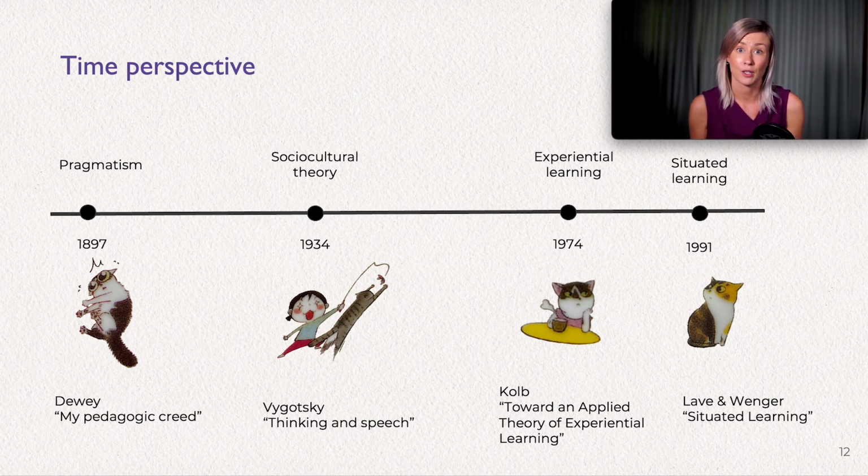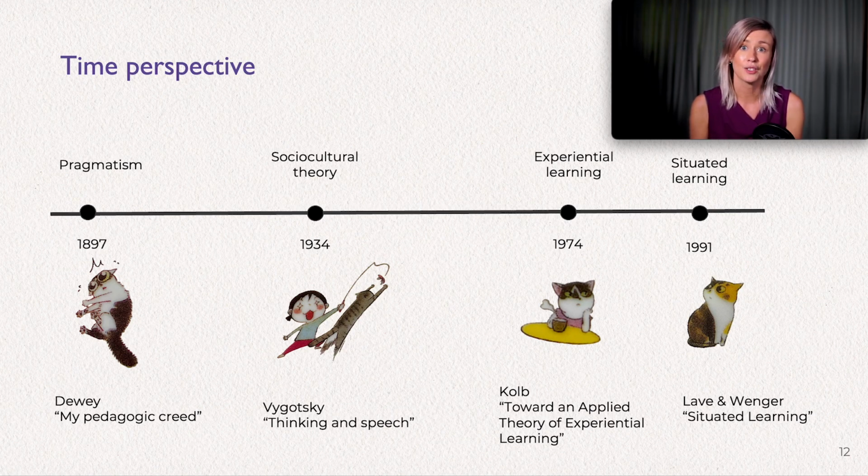Then we had Vygotsky from the Sociocultural Theory. His Thinking and Speech came out 1934, translated in the 60s to English. Then we have Kolb from Experiential Learning, Towards an Applied Theory of Experiential Learning, that came out 1974. And the newest is Lave and Wenger, Situated Learning. That came out in 1991.